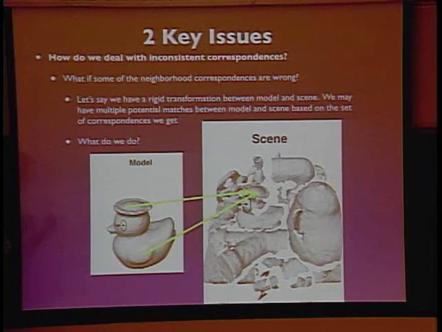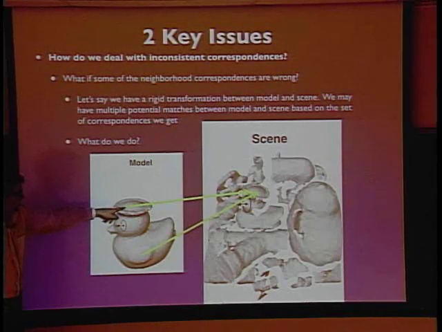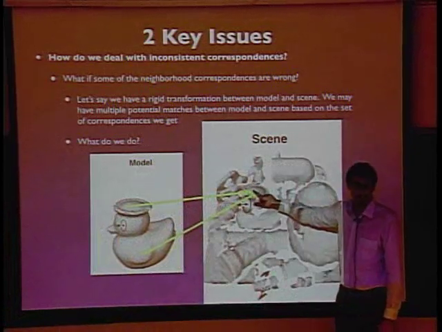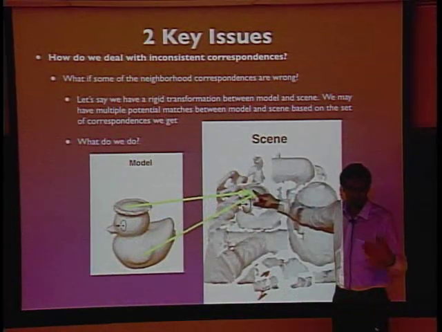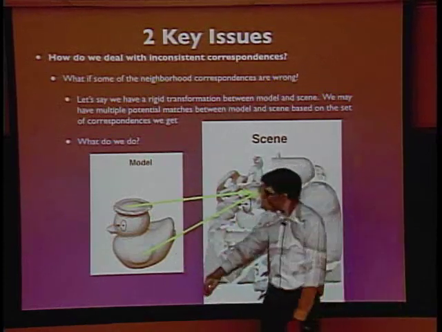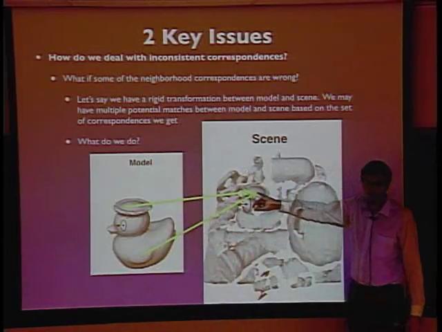every comparison of a local neighborhood on the model to a neighborhood on the scene is done independently of the other. And so, for example, I am going to hypothesize, or I'm going to test whether this location on the rubber ducky should correspond to this location in the scene. And then later on, as I keep moving forward, I'm going to, independently of the result of that, test whether this location on the ducky corresponds to this location on the scene.